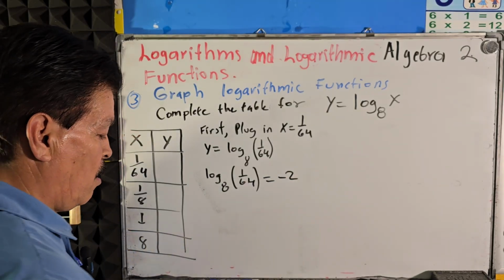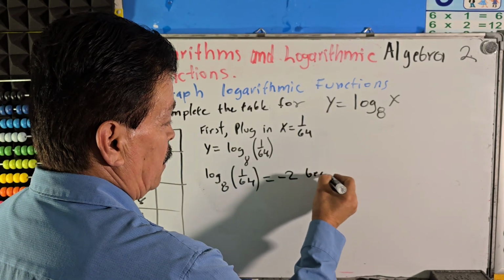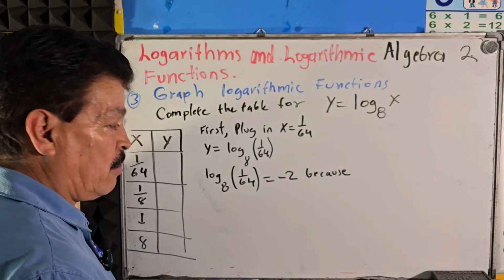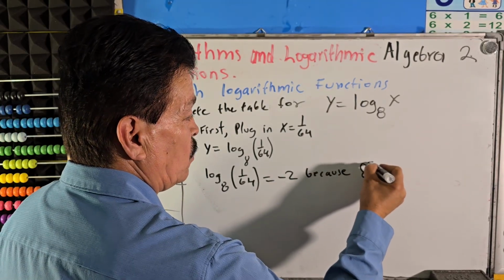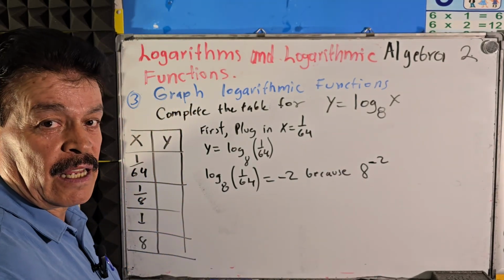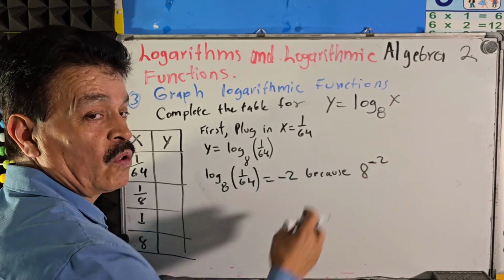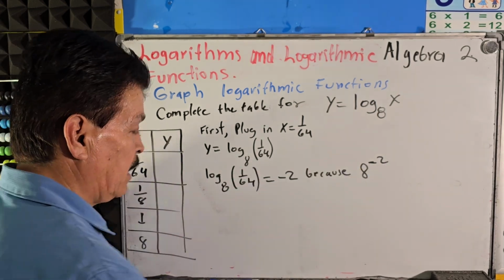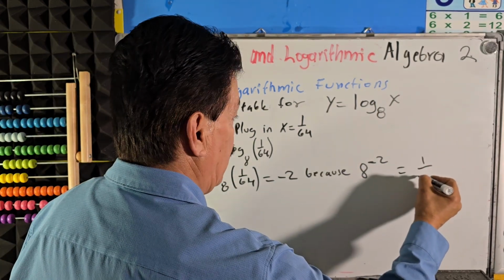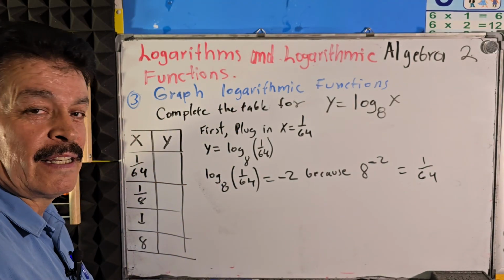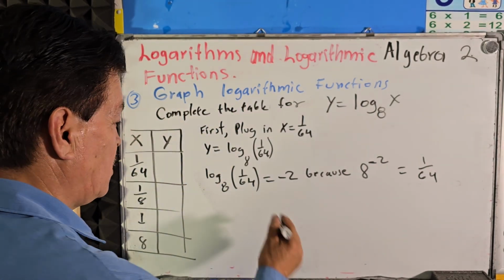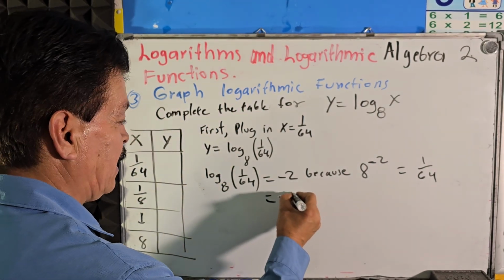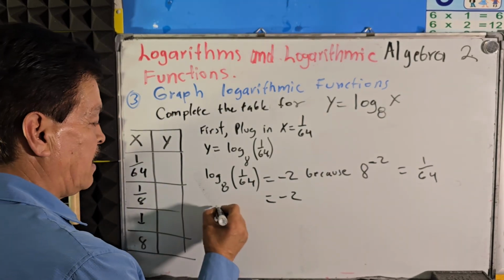So -2, because 8 to the exponent -2 equals 1/64. All right. So this is why. So here it equals -2.